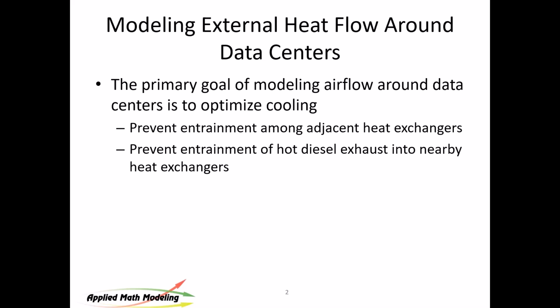In addition, there's also the issue of external generators. One of the issues that we always face is what happens when the power fails. The IT servers themselves are backed up with battery, but eventually you've got to get that diesel generator up and running unless you have a fuel cell or something, which is still a little unusual. Diesel is still the thing people use the most, these big V16 diesel generators.